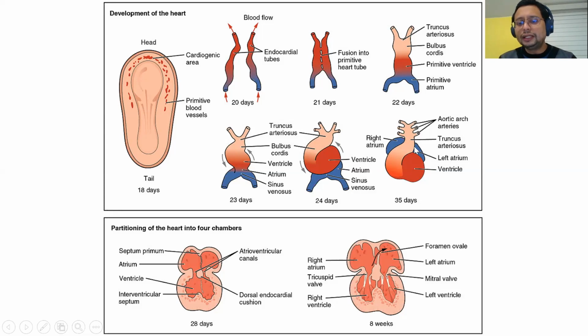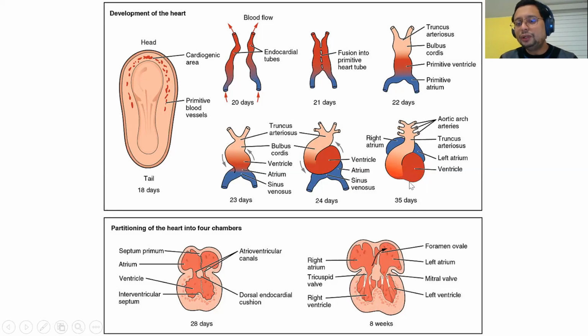You can see that it has already differentiated into right atrium and left atrium. Remember that the right atrium comes from the sinus venosus, the left atrium comes from the primitive atrium, and the primitive atrium also contributes to the left atrial appendage and the right atrial appendage. Now this ventricle will become the left ventricle.